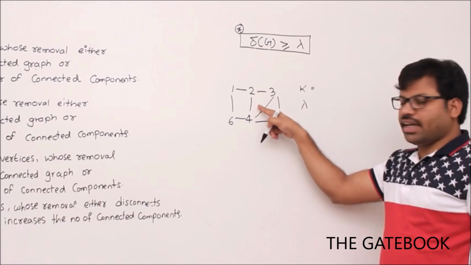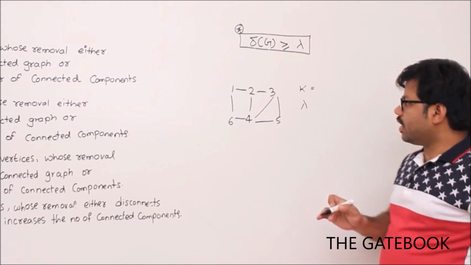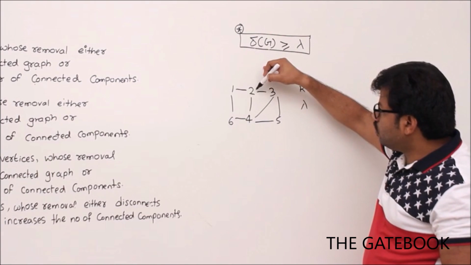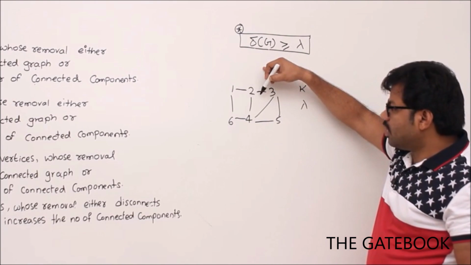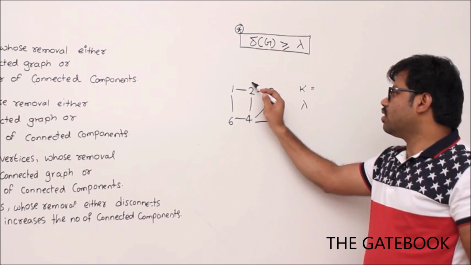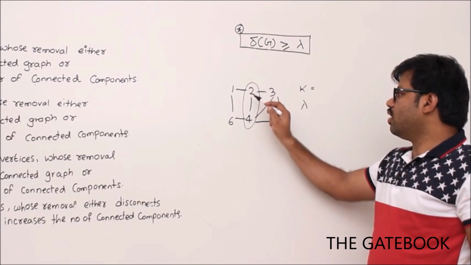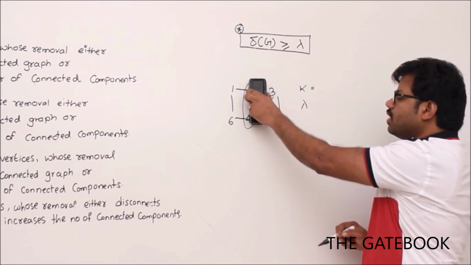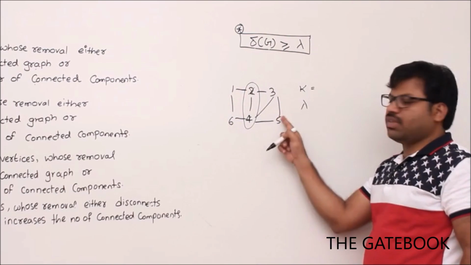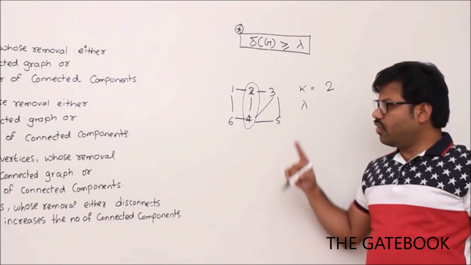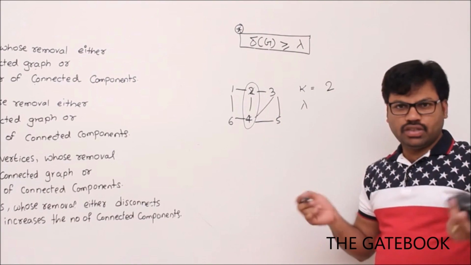Because it's already connected, we have to try to disconnect it. If I remove a single vertex, it will not be possible. So we need at least two vertices, and two are sufficient. With deletion of 2 comma 4, the graph will be disconnected. 1 and 6 will be separated from 3 and 5. That's why the minimum number is 2. With 1 I cannot do it, but with 2 I can.